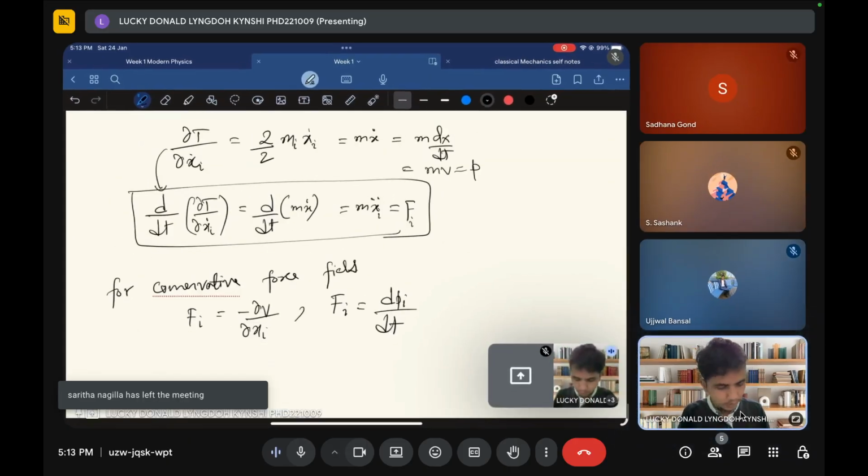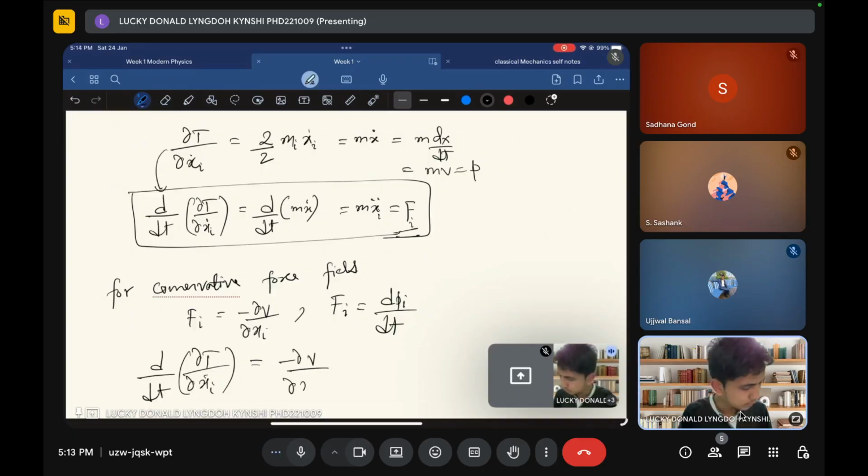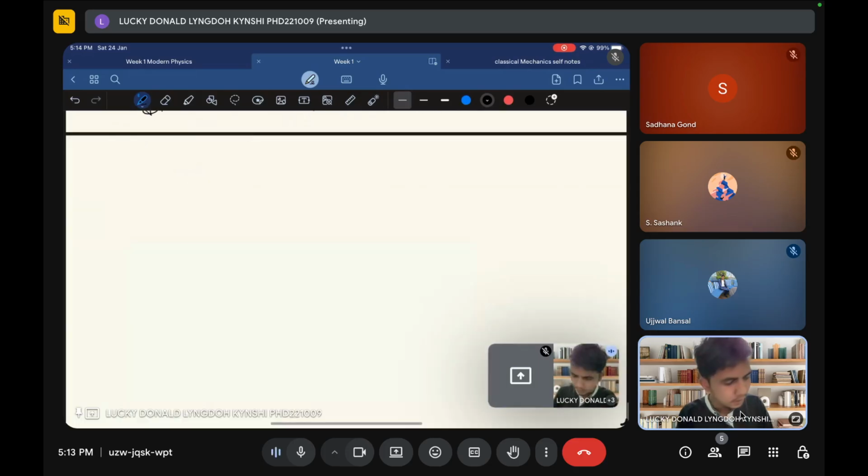So what happens is that now we can write d by dt of del T by del x i dot. Instead of the force, you can write minus del V by del x i. I will name this equation 2. Then del T by del x i equals 0 for conservative, and also del V by del x i dot will be equal to 0.